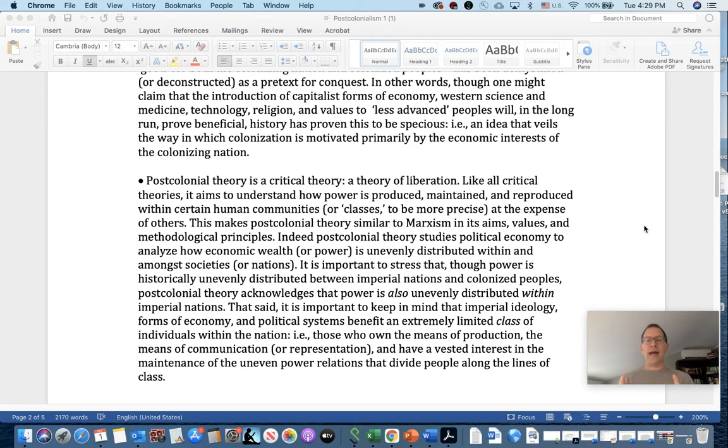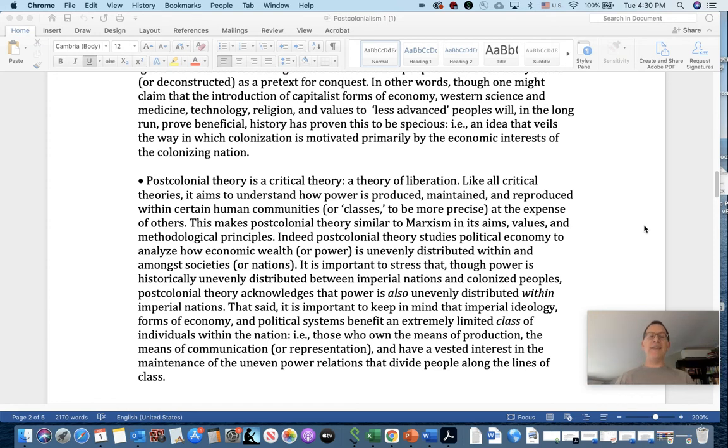Just look at the class structure and the class dynamics of British or English society during the Industrial Revolution, which really makes possible the expansion of British capitalism through colonialism, imperialism, right?